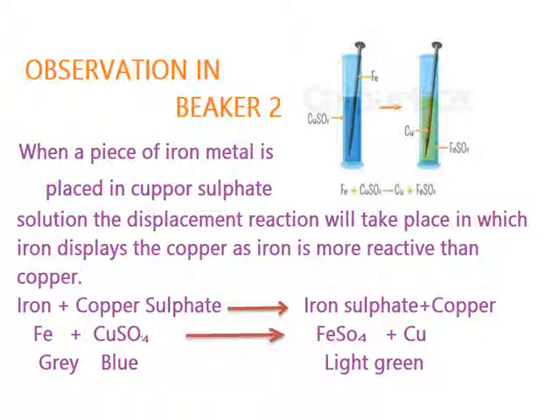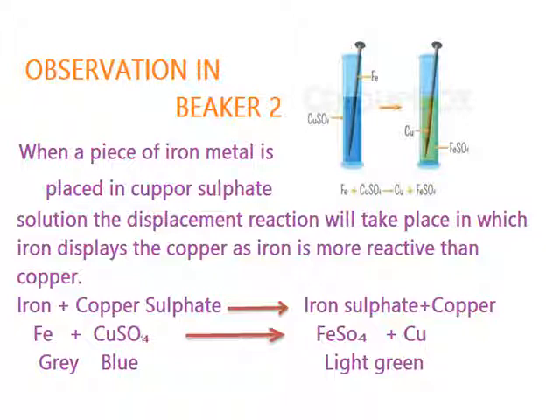Now after some time, when you look at the same cylinder in the figure on the right side, the blue color solution would have turned into light green, and the gray color nail would have acquired some browny deposits over its surface. This shows that here also the reaction has taken place.